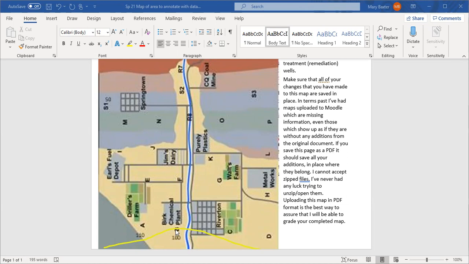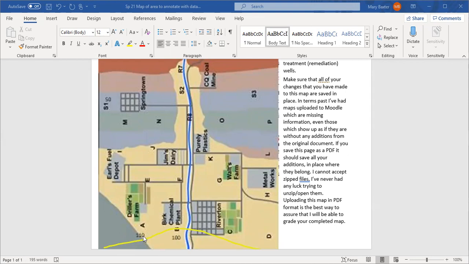Now, if we look at that cross section of the big block diagram, the water table is a lot closer to the surface than that. It's probably 20 to 30 feet at the most. But still, the water table's down here, and then the land surface is up here. So A here has an elevation of 110. That's how high the top of the water table is off of sea level.